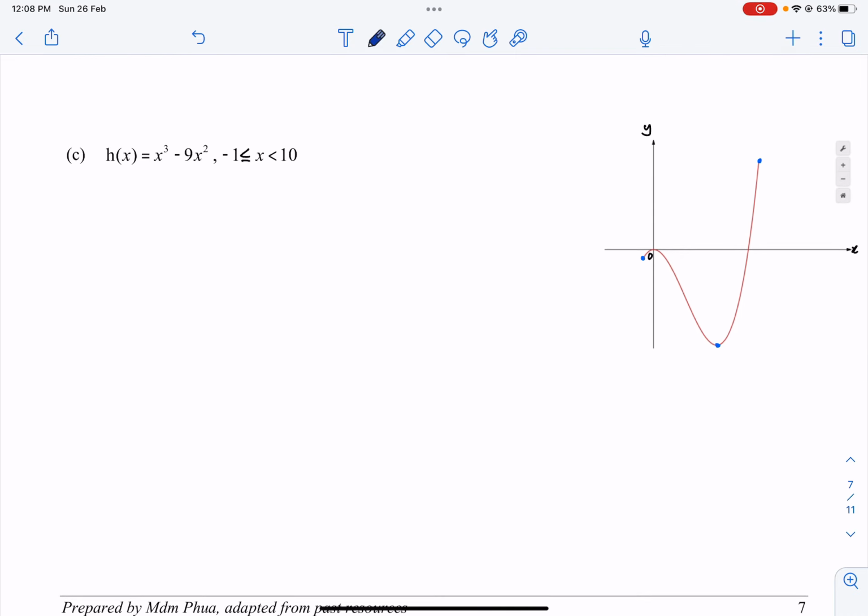Okay, for the last part, we have yet to learn the cubic function.